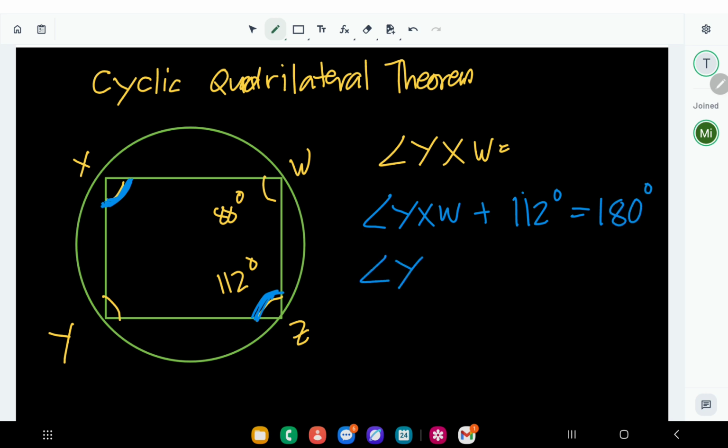So angle YXW is just equal to 180 degrees minus 112. So what is 180 minus 112? 68. All right, therefore this angle here is 68 degrees.